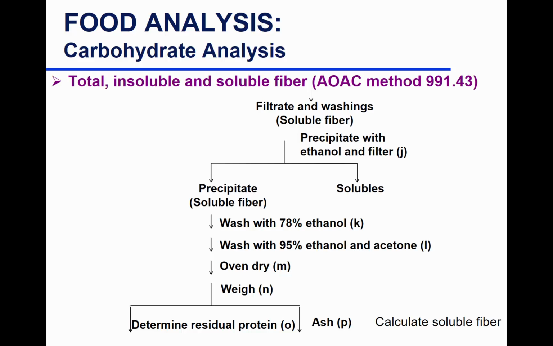So you precipitate with ethanol at this step. When you precipitate with ethanol, your pectin, hydrocolloids, and gums are precipitated as soluble fiber, and then the solubles you discard. Then again, you have a series of washes to make sure nothing else is in that residue, and the final residue you have to correct for protein and ash.